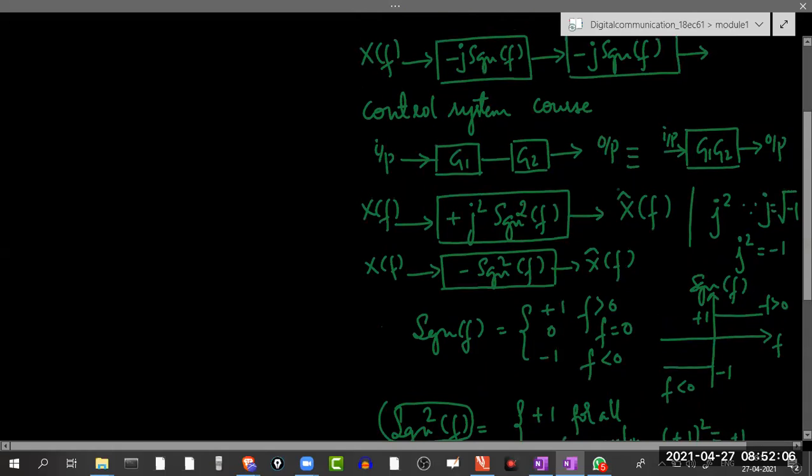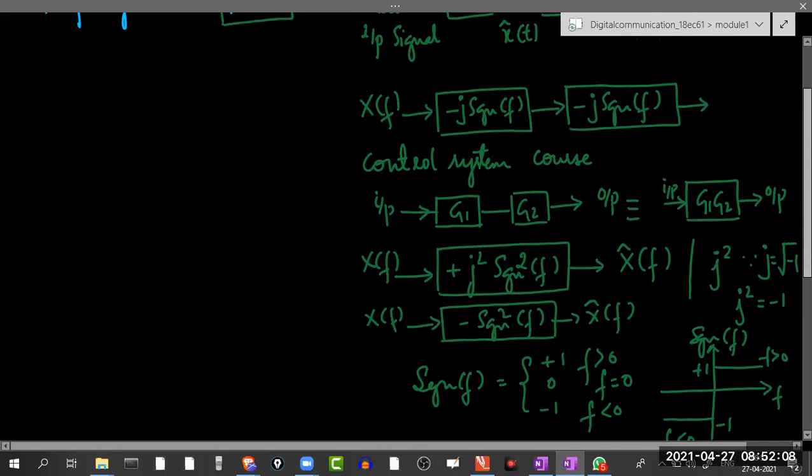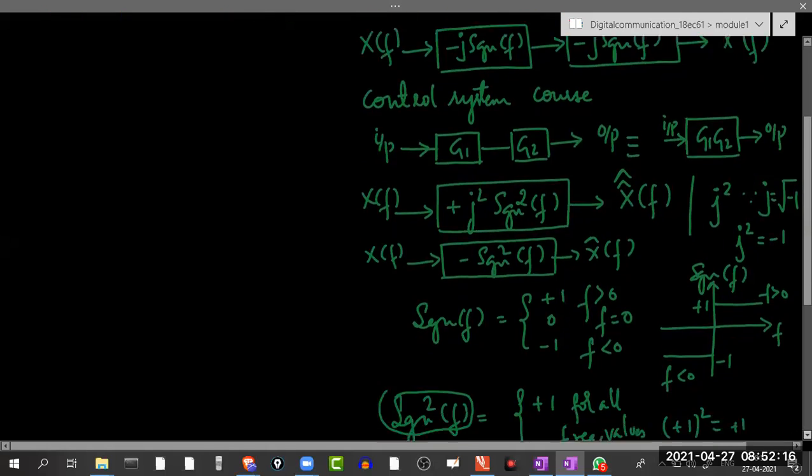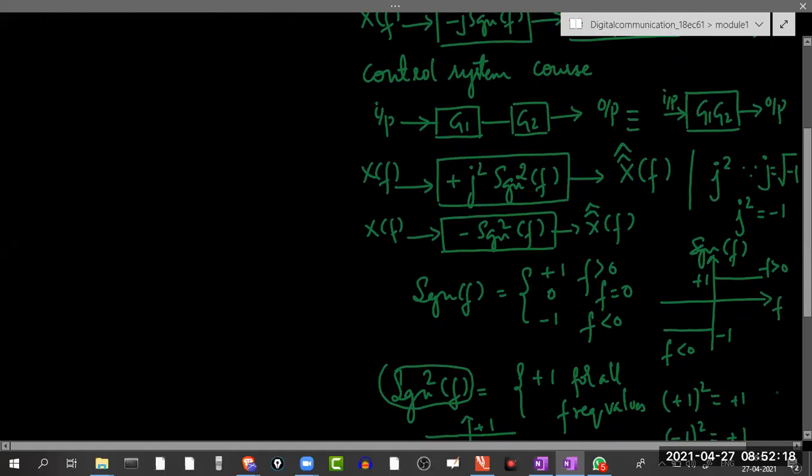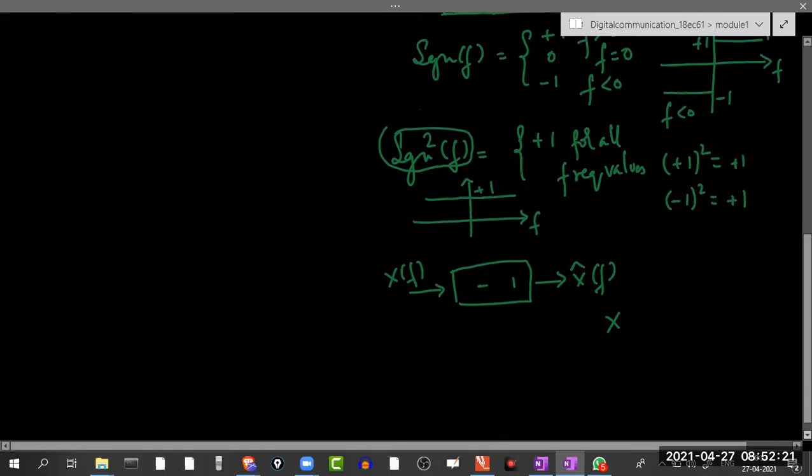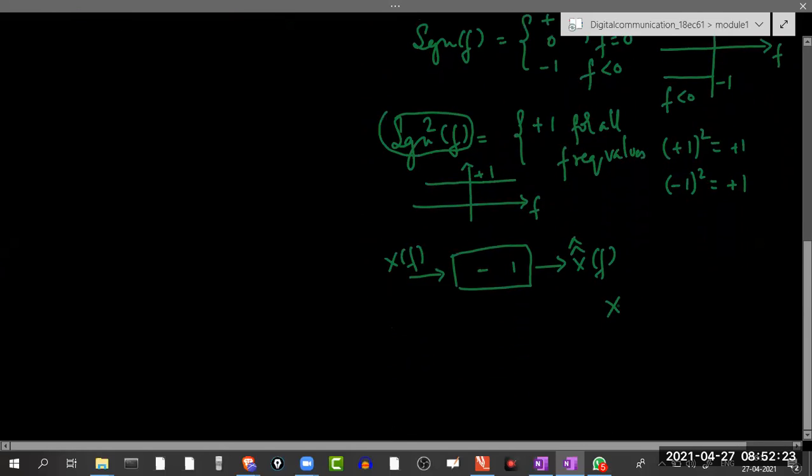Because I have combined these two, here it's X double cap of f, one more cap that I had left. So in fact, this X double cap of f is as good as negative X of f. Or if I apply the inverse Fourier transform, I'll get small x double cap of t equal to negative x of t.